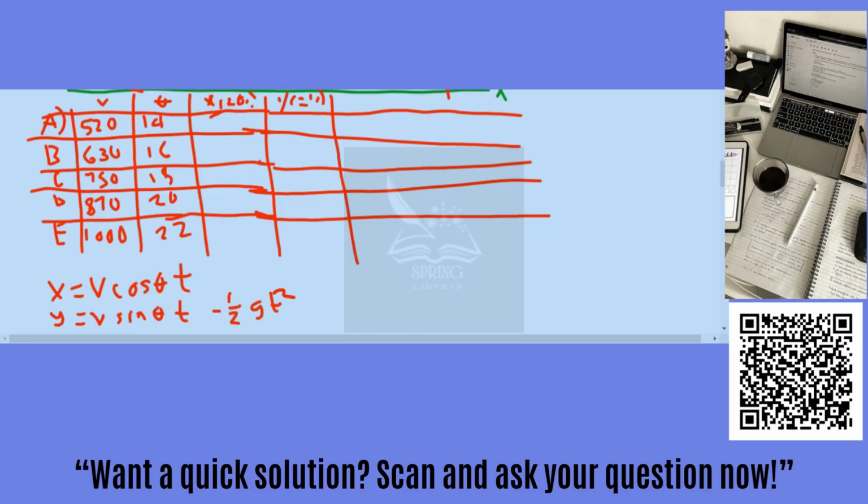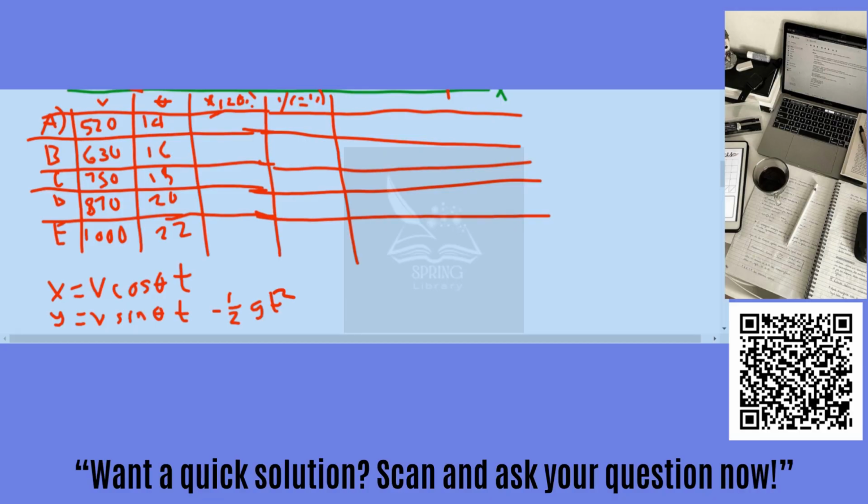So I can put this into a calculator. I'm setting g equal to 9.8, t equal to 20, v equal to 520, and theta is 14. Make sure that I'm in degree mode on my calculator.